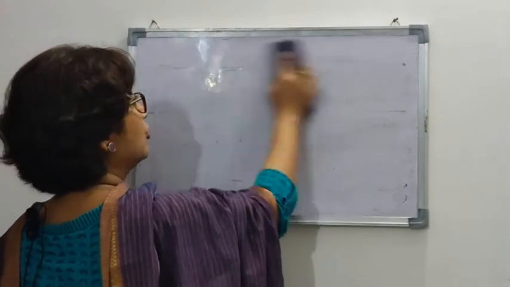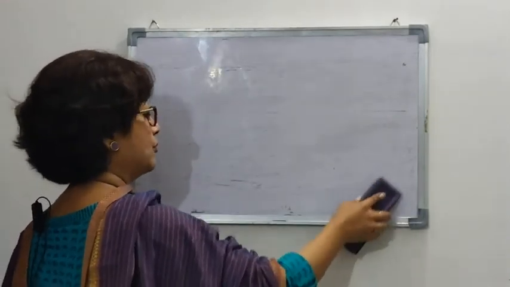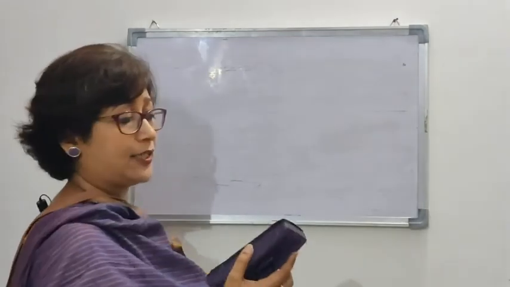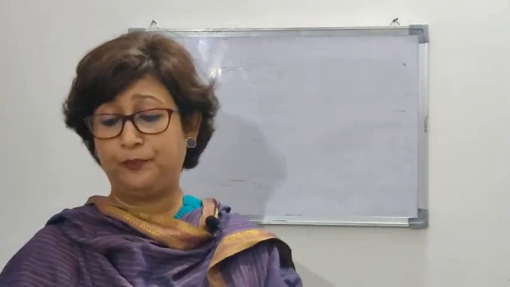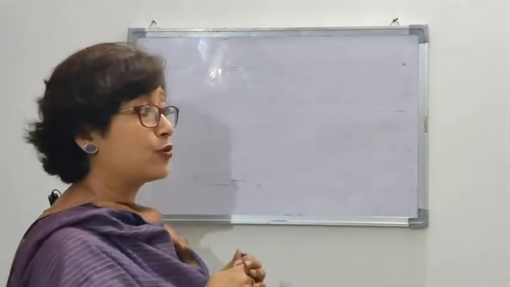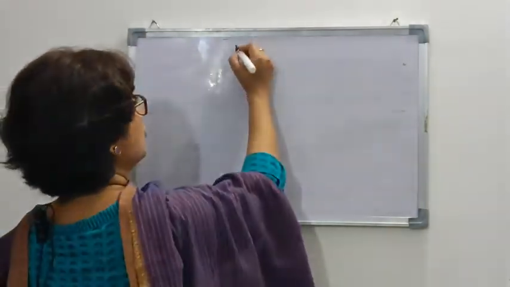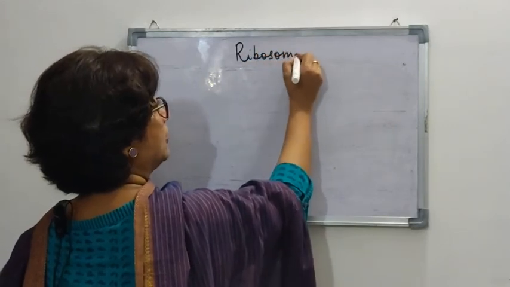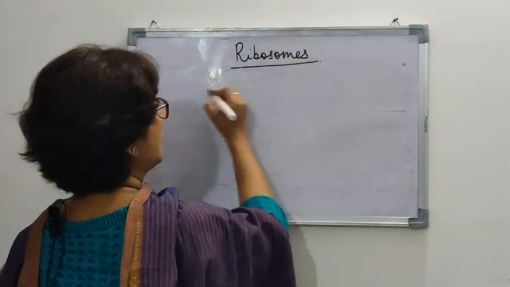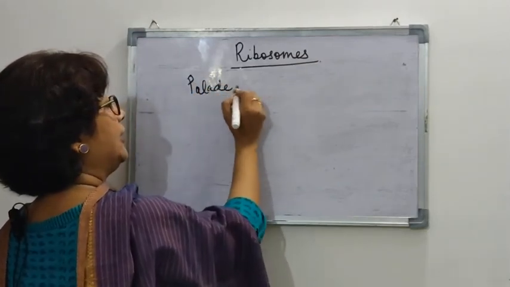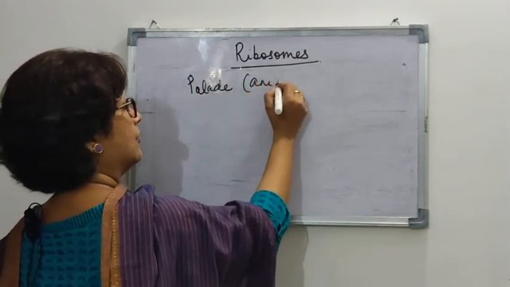Right, so there are 2 types of ribosomes found in the prokaryotic as well as the eukaryotic cells, and they are not membrane bound organelles, right? 70S type of ribosomes and 80S type of ribosomes are found. So we start with the ribosomes, which were discovered by Palade in the animal cells, right?